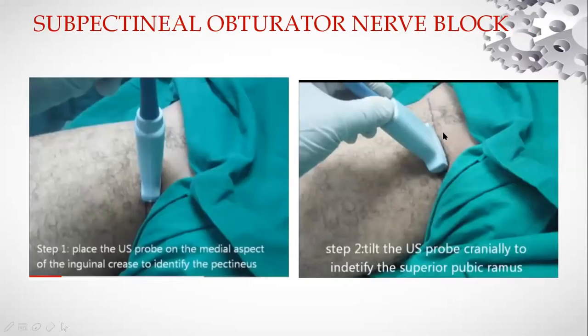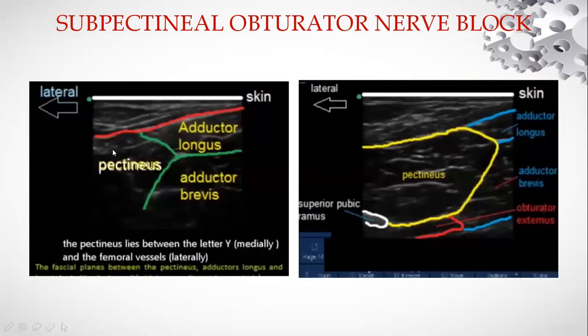Once you see these structures, you're supposed to rotate the probe a little bit cranially by 40 to 50 degrees and identify the superior pubic ramus. So the second picture would be something like this. As you can see, the adductor longus and brevis have been pushed out a little, and we see the bony shadow of the superior pubic ramus and the obturator externus, which is attached to it.